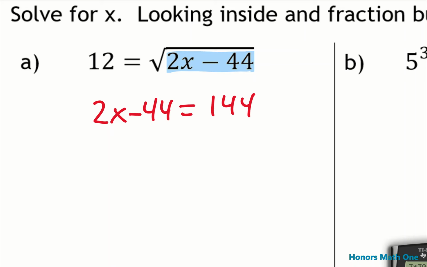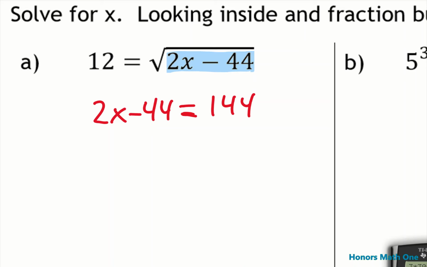If the thing highlighted in blue was 144, then I would precisely get 12 when I took the square root of it. So I'm asserting that I want to make that thing exactly 144. I'm saying 2x minus 44 must be 144, and if it is, then I'll force the correct solution here.